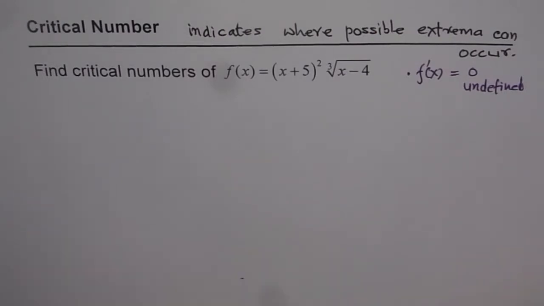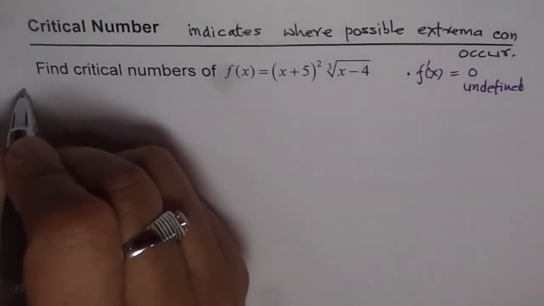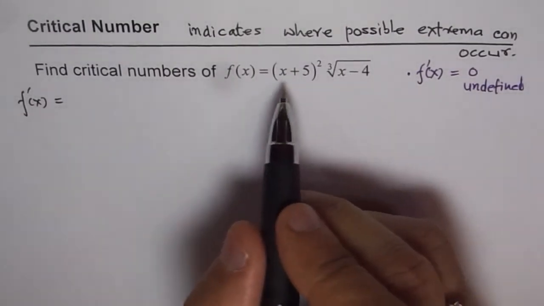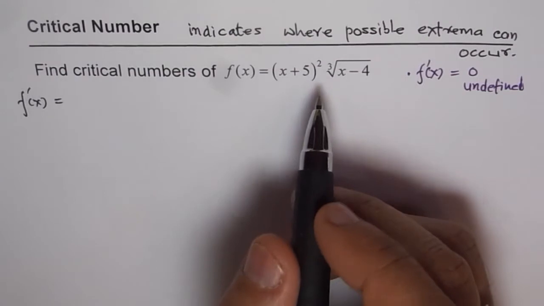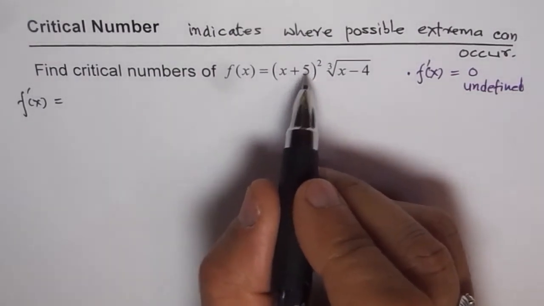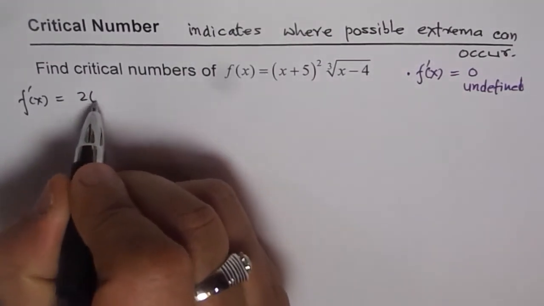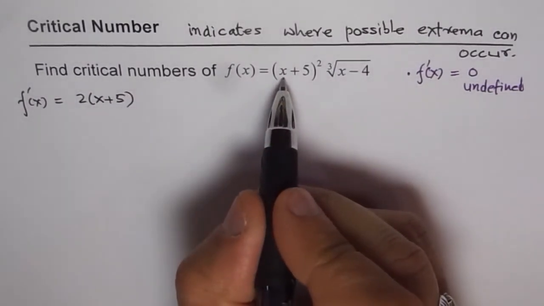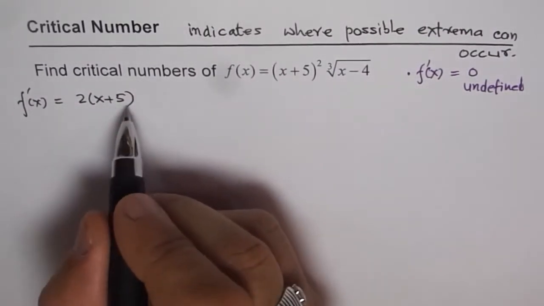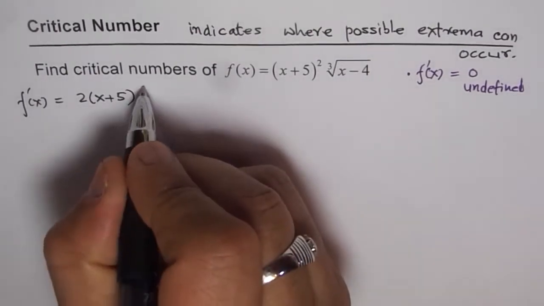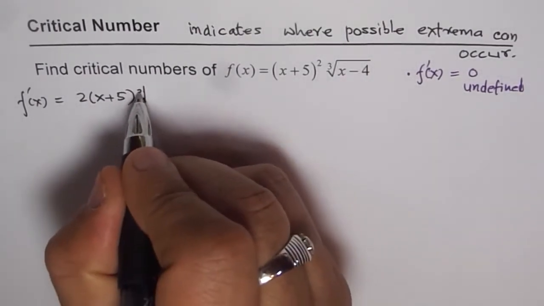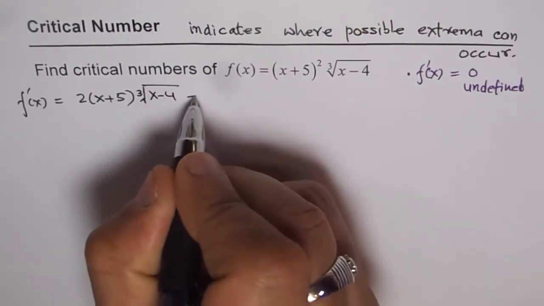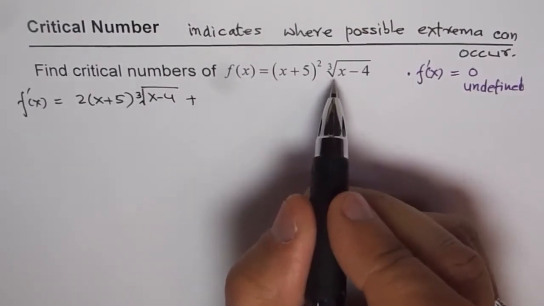So let's find the derivative of the function. We have f dash of x equals 2. We'll apply the product rule here. The derivative of the first term is 2 times (x plus 5) times the derivative of the inside function, which is 1, so we are not writing that, times the second function, cube root of (x minus 4), plus the derivative of the second function.